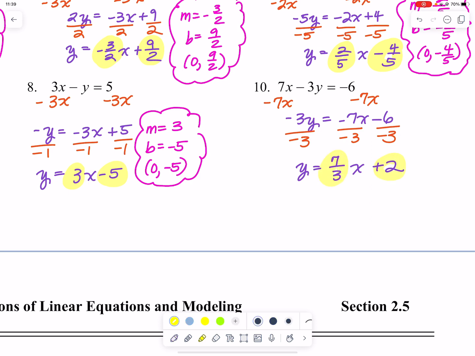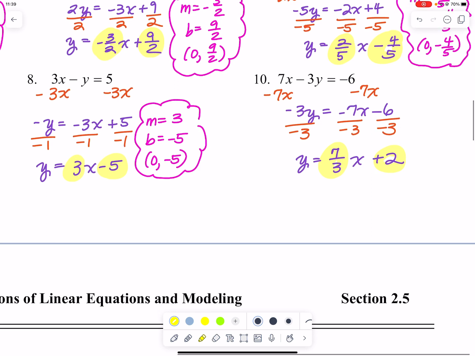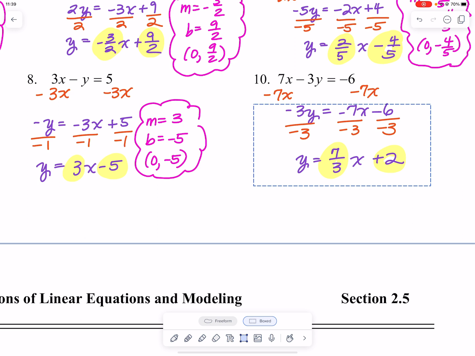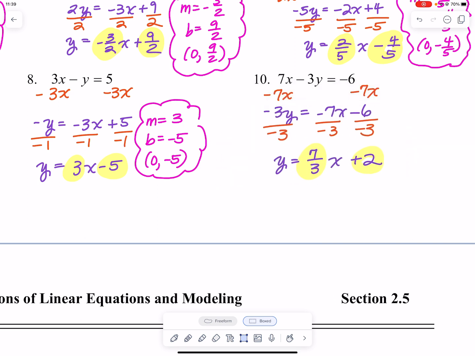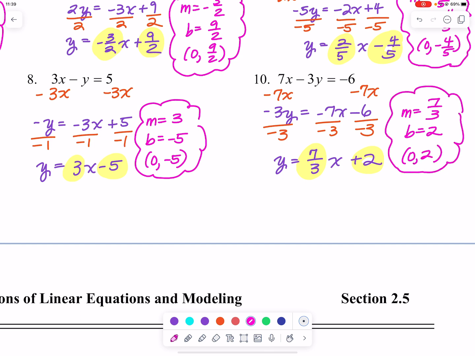So we have 7/3 as our slope and 2 as our y-intercept. We have a slope of 7/3, intercept of 2, and 0, 2 is that point on the y-axis.